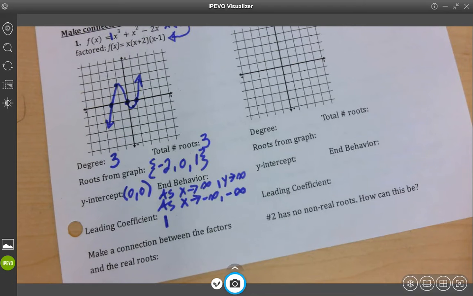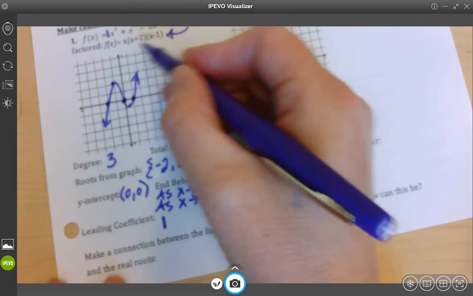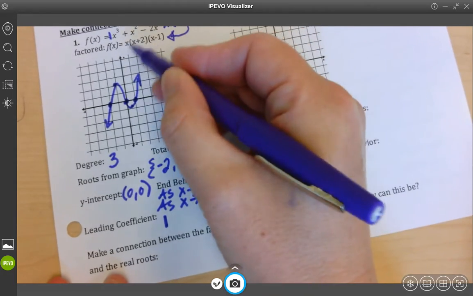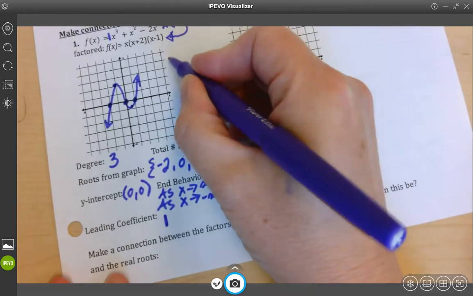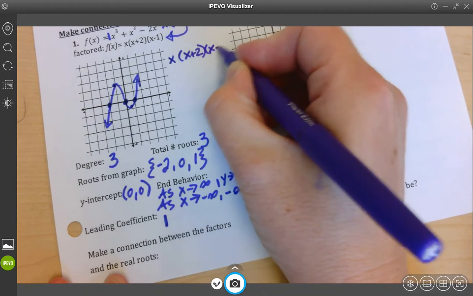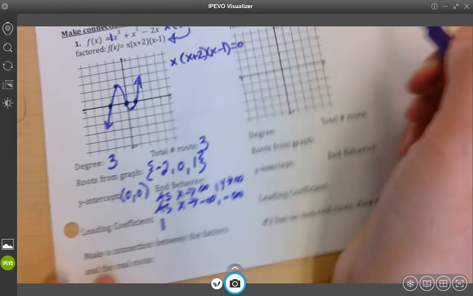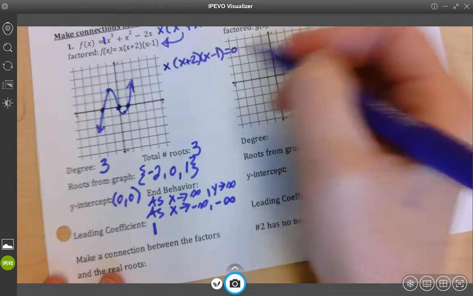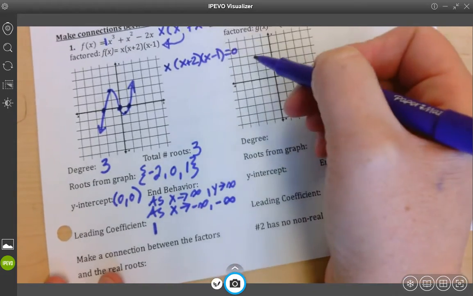I thought it was like the inverse. So, okay. Actually, I think you're onto something with that term inverse. We use inverse operations in order to solve equations, right? So if I were going to solve this factored equation and set it equal to 0, so if I solved x times x plus 2 times x minus 1 equals 0, the zero product property would tell us that one of these has to equal 0.